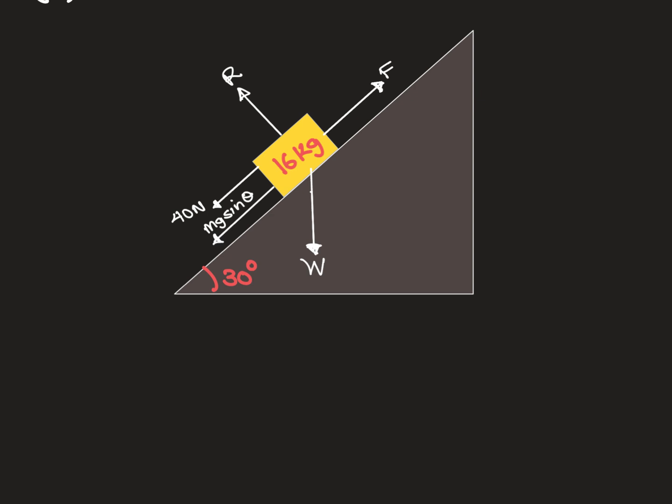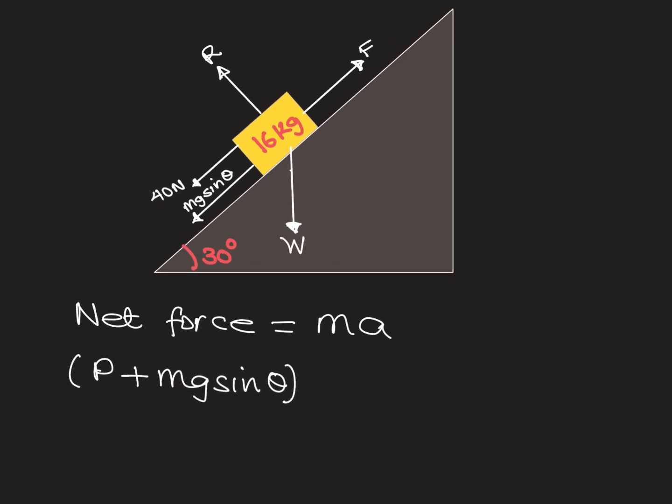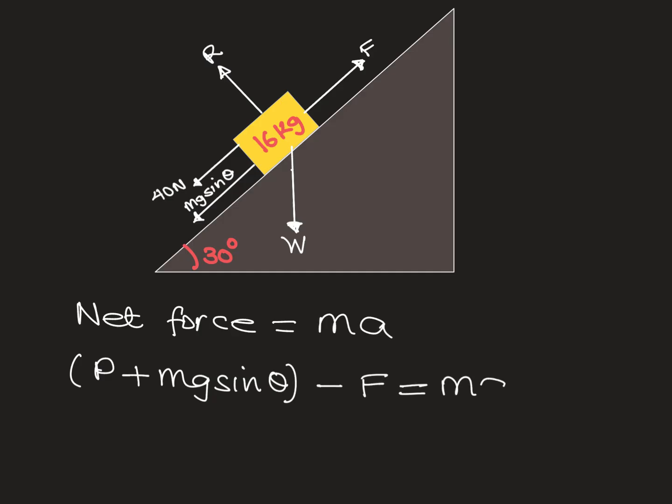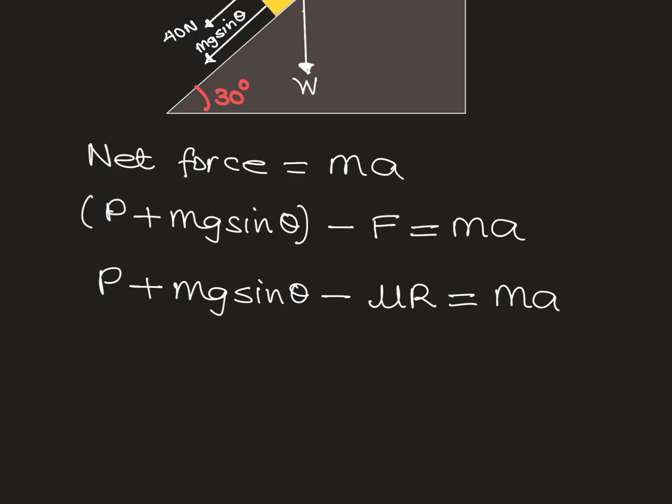From Newton's second law of motion, the net force is equal to mass times acceleration. What will give the net force? We have the downward forces, which are P plus mg sin θ, minus the frictional force, equal to mass times acceleration. So P plus mg sin θ minus μR, where R is mg cos θ, is equal to ma.